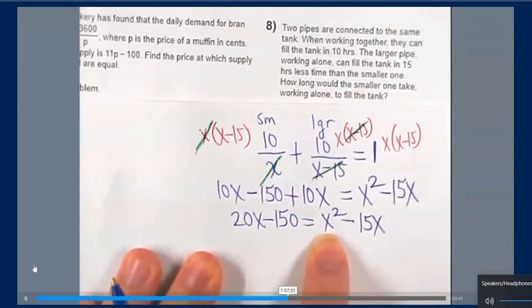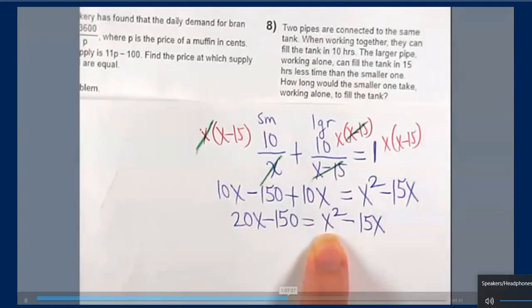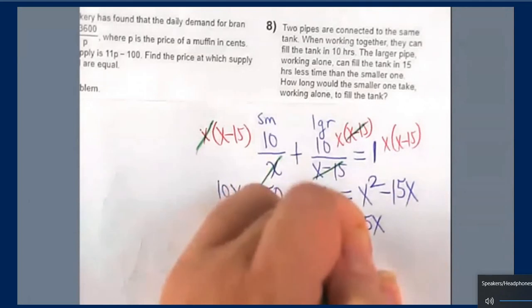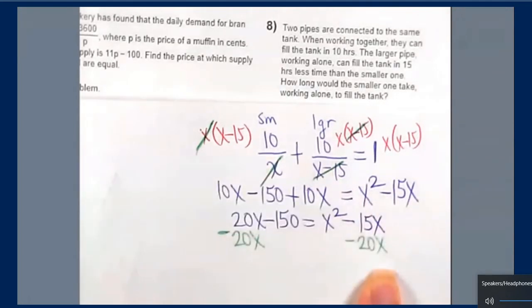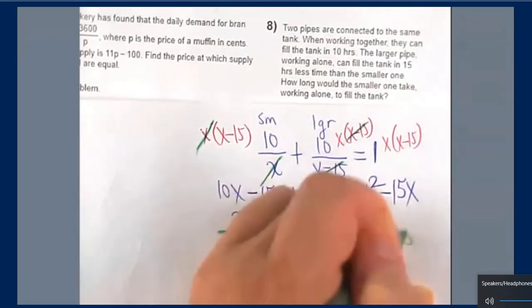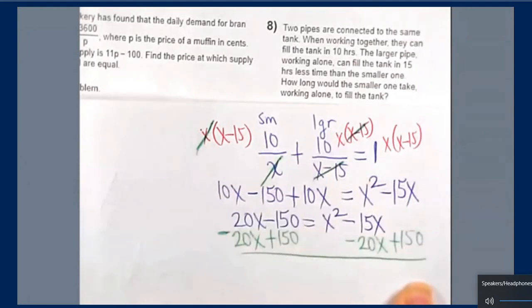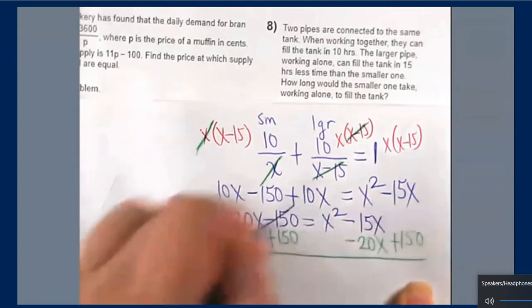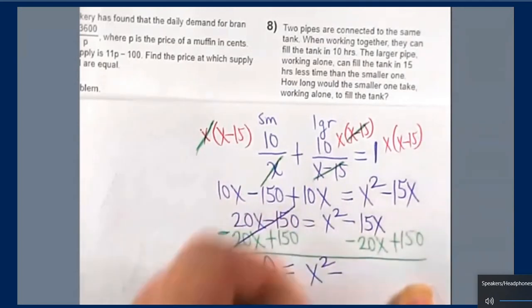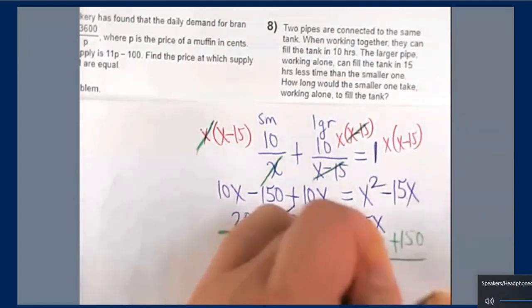Well, because x squared is positive over there, let's move all of our other terms to the right side. So we'll not only subtract 20x from both sides, but we will also add 150 to both sides. And we now have 0 equal to x squared minus 35x plus 150.